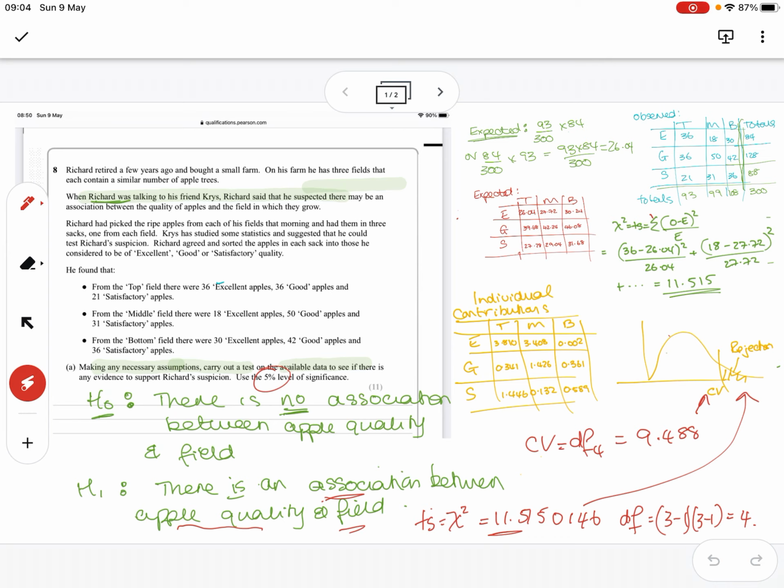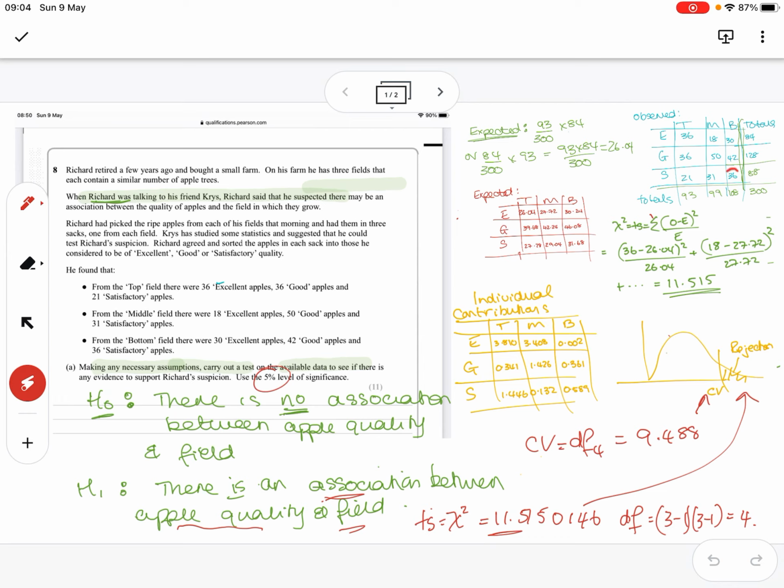So anything that makes sense is okay, basically. These ones are producing the bigger, just satisfactory apples. So if you can back up your comment, I probably would say the middle field because it produced the least expected, but of the worst apple, I don't know. So see how you feel.